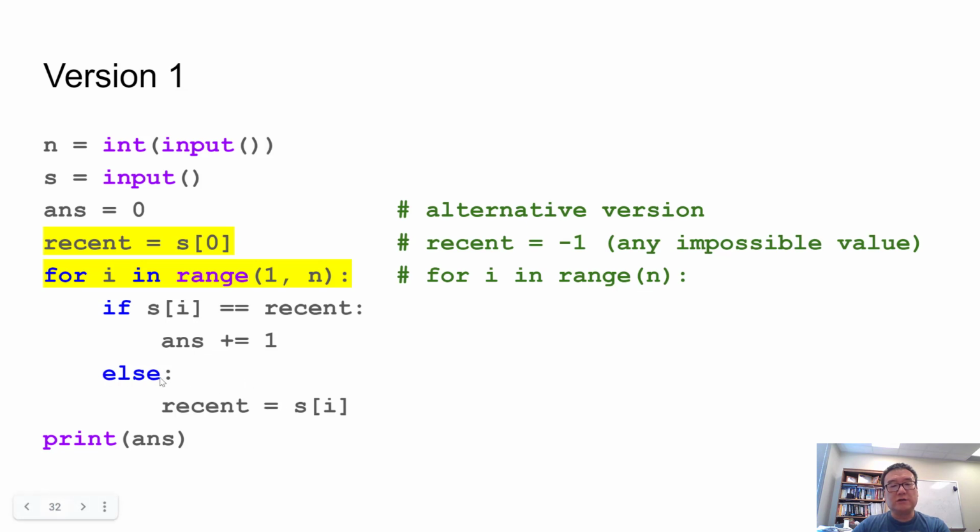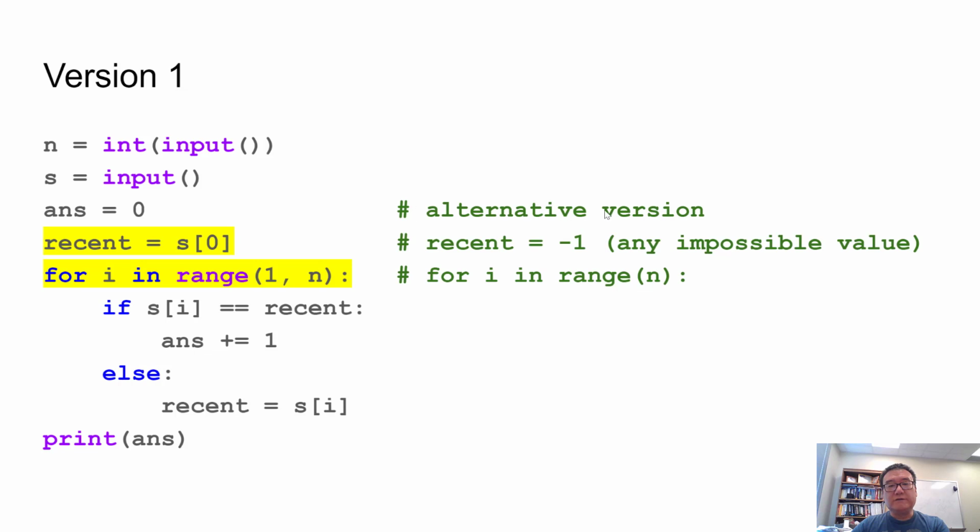So whether we have else or not, the code is equivalent. But conceptually, this is more logical. We are saying there are 2 cases. The current character s[i] is the same as the previous one, in which case we throw the current one away. Otherwise, we keep it, and then we update recent to be the current character. Because next time when we look at the next one, this s[i], because it was kept, is the most recently kept character.